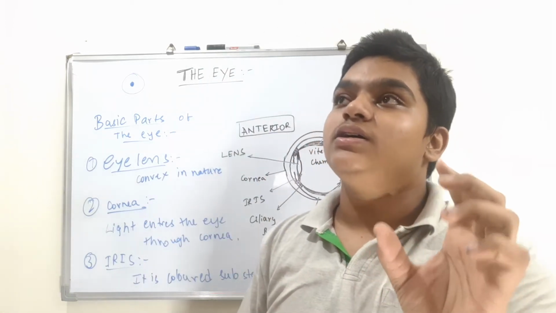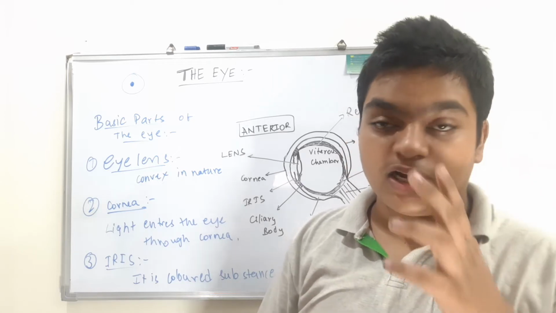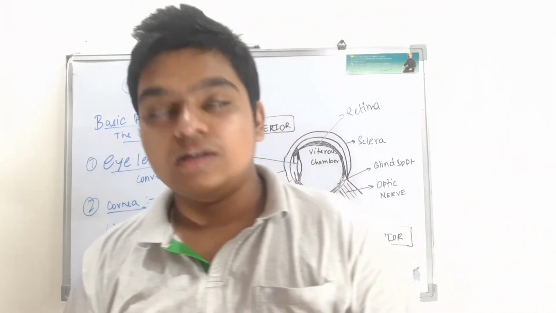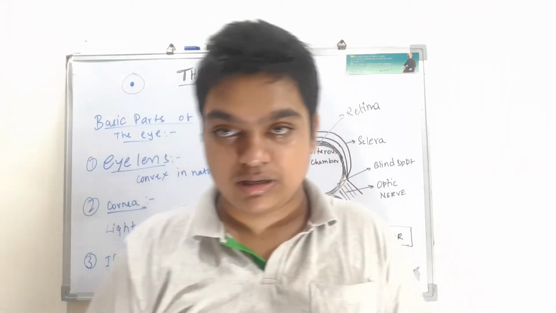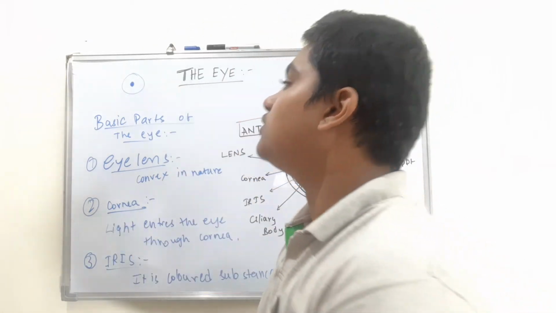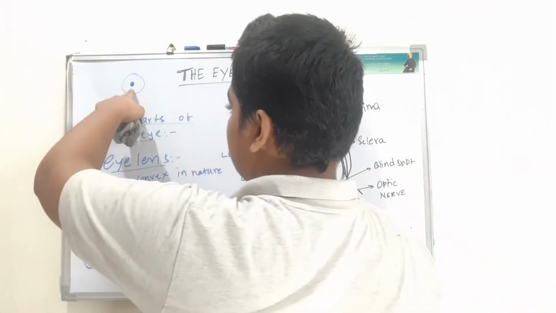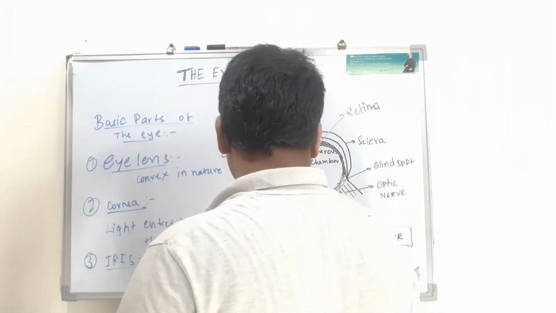Colored means it will be different in contrast. If our iris is light colored, like brown, the pupil may be dark brown. So that is the pupil that regulates the amount of light entering the eye.